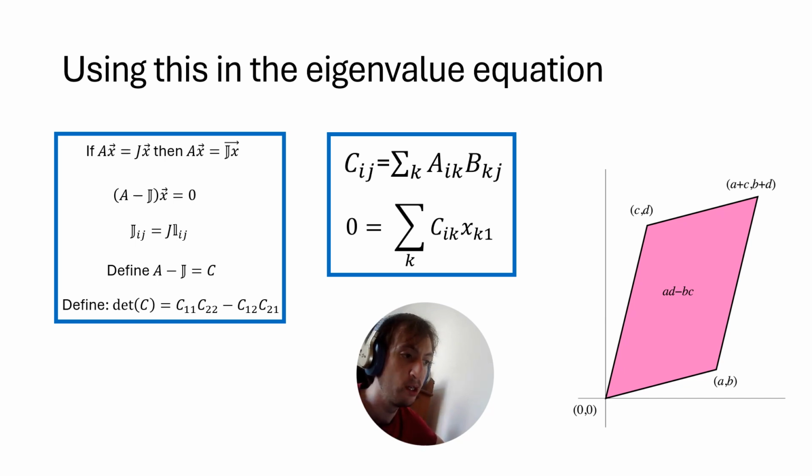And if we now apply this to our eigenvalue equation, our eigenvalue equation reduces to matrix C times our eigenvector, which we can think of as another matrix X, is equal to 0, and writing that explicitly in terms of matrix multiplication, we have 0 is the sum over K of Cik xk1.